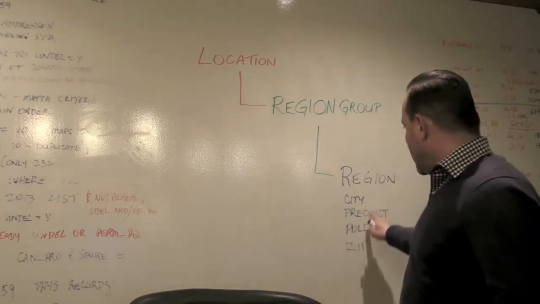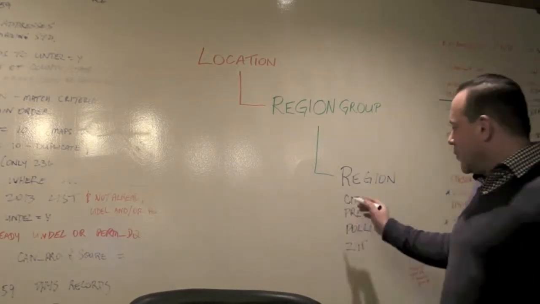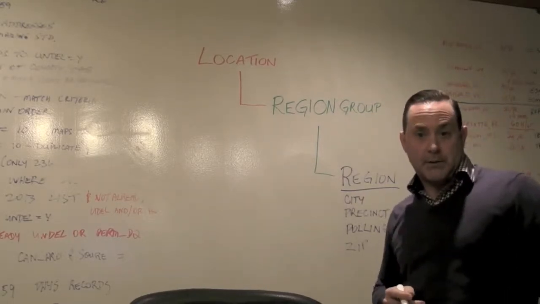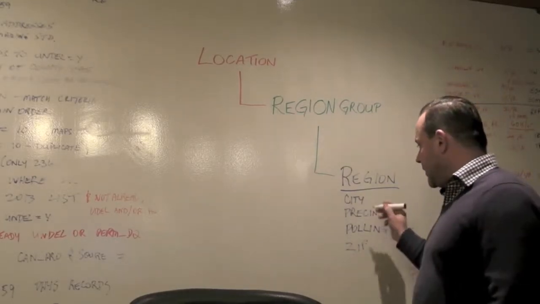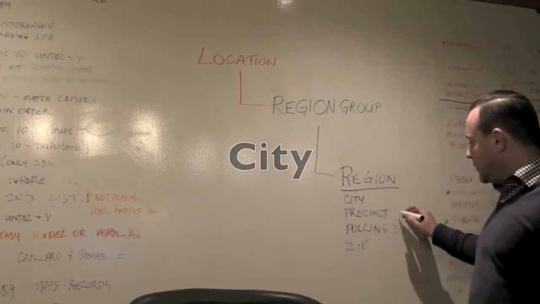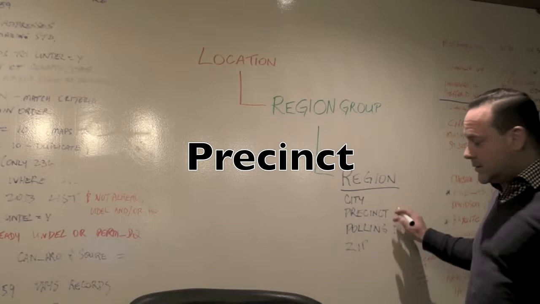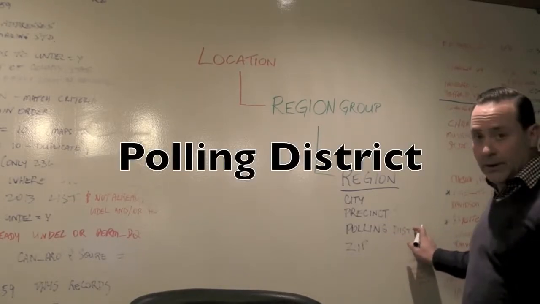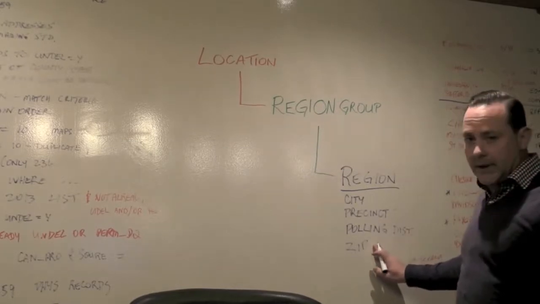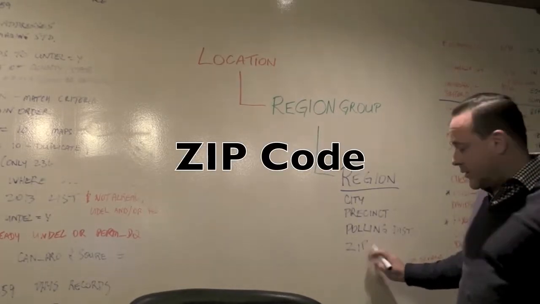Starting at the bottom, your source list data will come to us with some form of region in it. A region can be the cities in the source list. It can be something like a precinct, a polling district or range of polling districts, or even a zip code or range of zip codes.